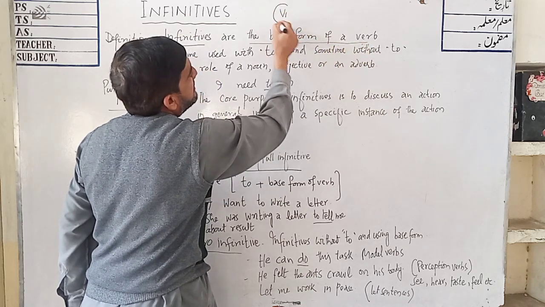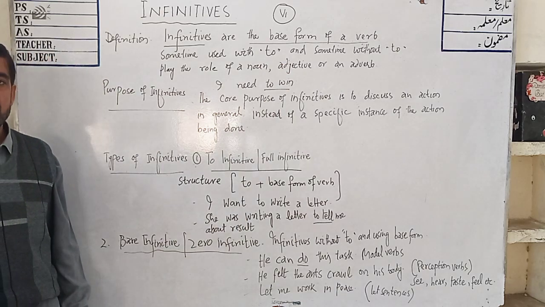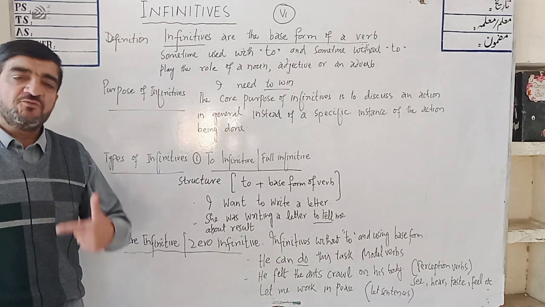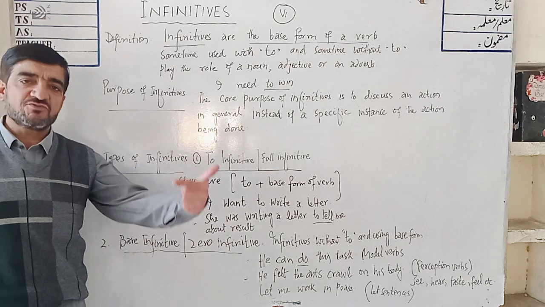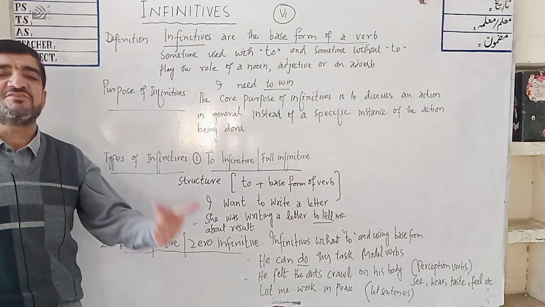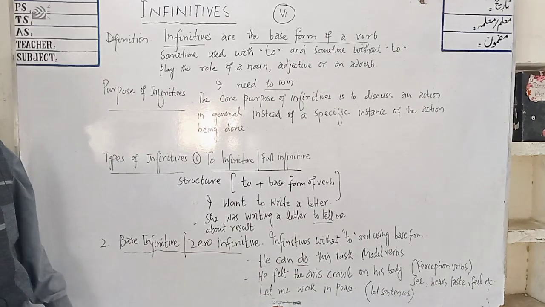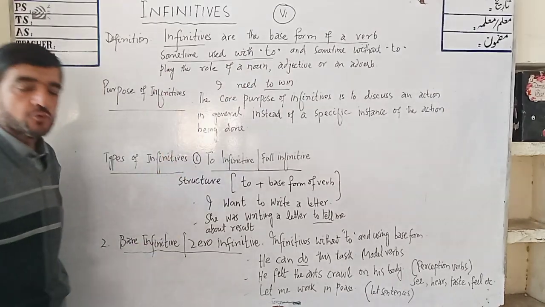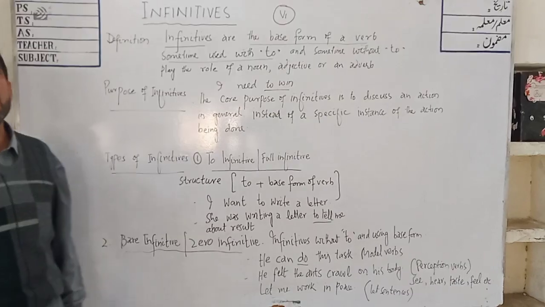Base form of the verb stands for first form of the verb. Base form of the verb is the form of the verb which leads to second form, which leads to third form, and which leads to progressive form. So it is the base form of a verb, sometimes used with to and sometimes without to.